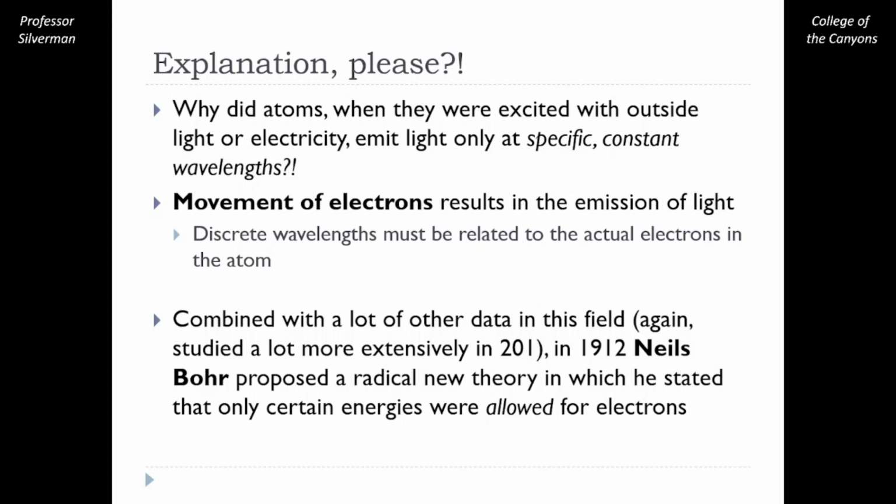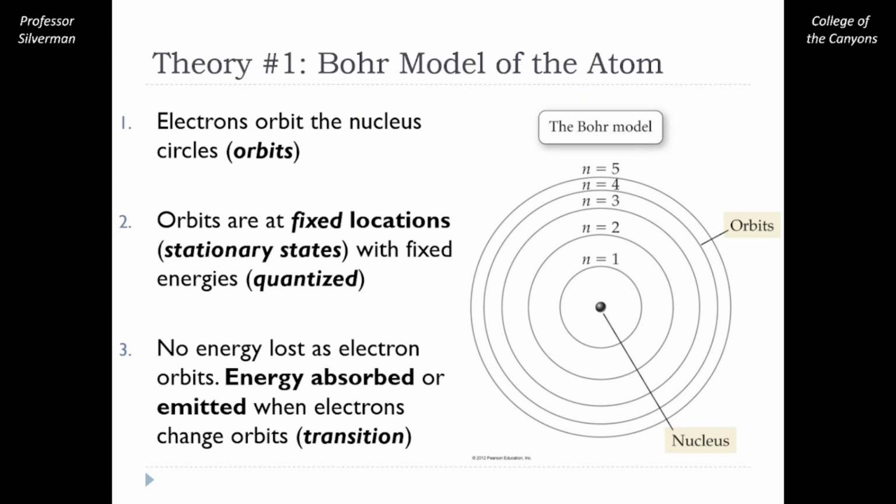We'll start with a simple model of the atom from Niels Bohr, developed in 1912. This is known as the Bohr model of the atom. In the Bohr model, our electrons cannot just be anywhere in the atom, in that empty space. They're only allowed in very specific orbits around that nucleus.